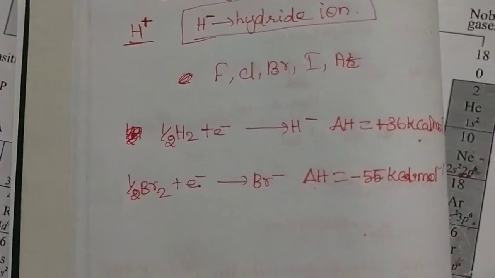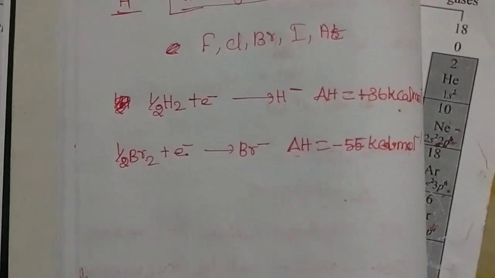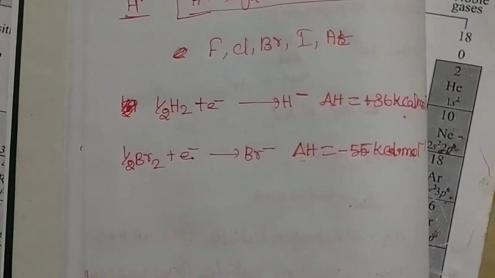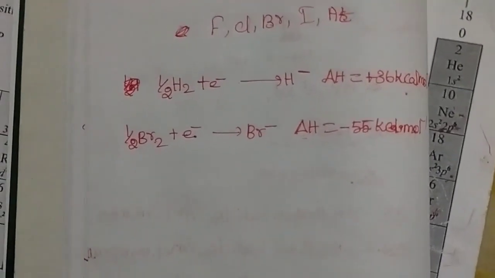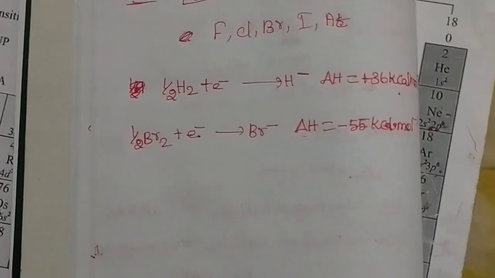So from the similarities with alkali metals and halogens, it is too difficult to find the right place for hydrogen in the modern periodic table.